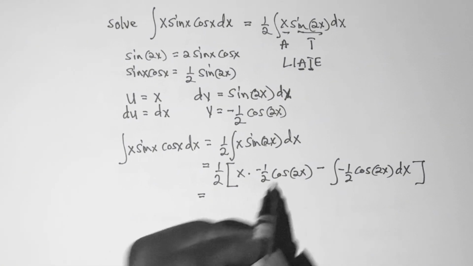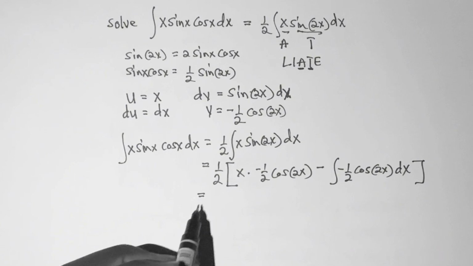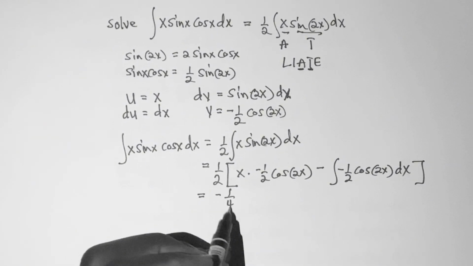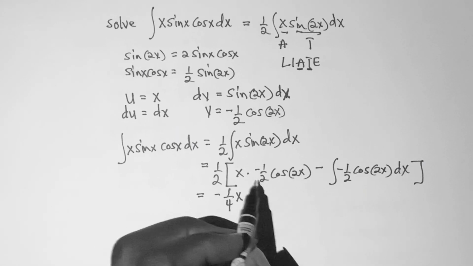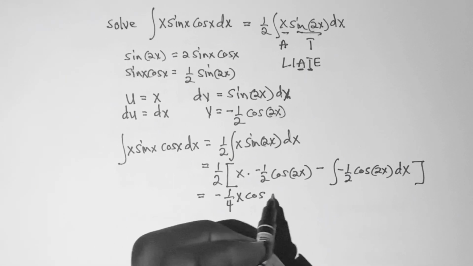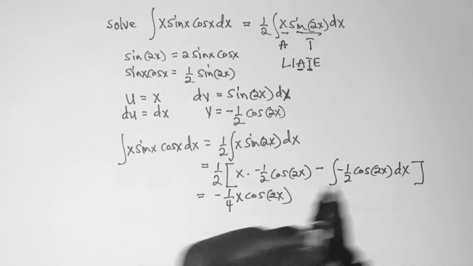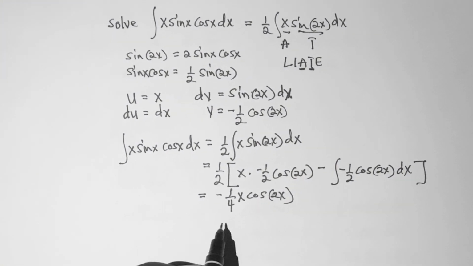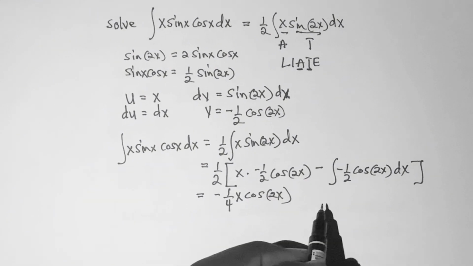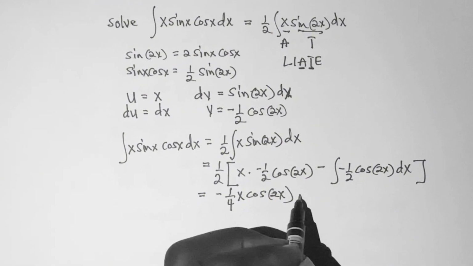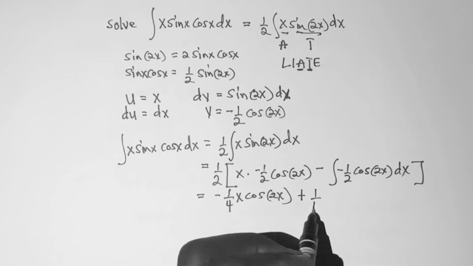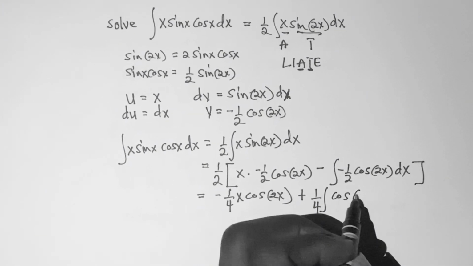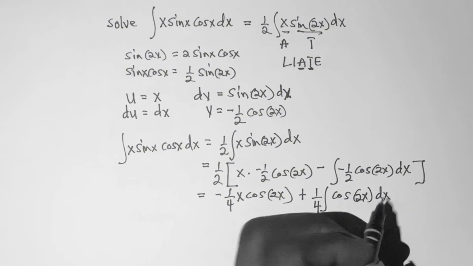So this becomes, I'm pulling the minus 1 over 2 out. So 1 over 2 times minus 1 over 2 is minus 1 over 4 x cos 2x. Then here is 1 over 2 times minus 1 over 2 is minus 1 over 4 times minus 1. So here becomes plus 1 over 4 integral of cos 2x dx.